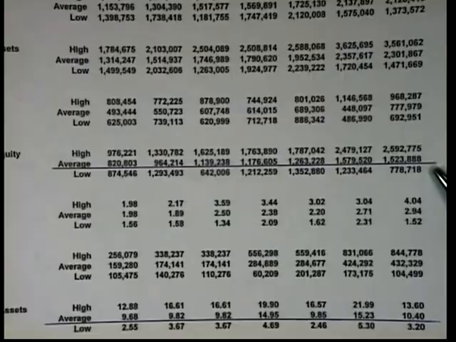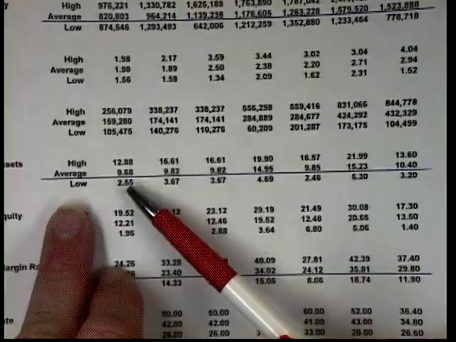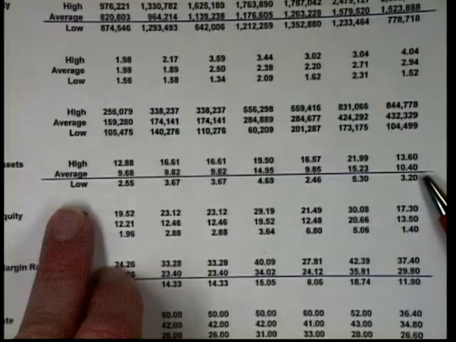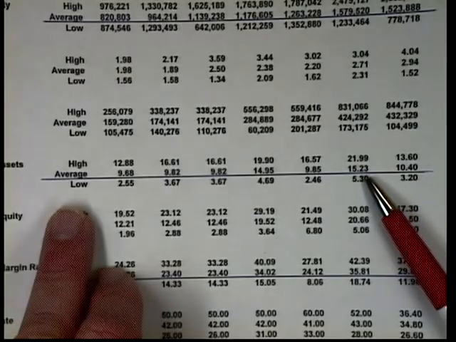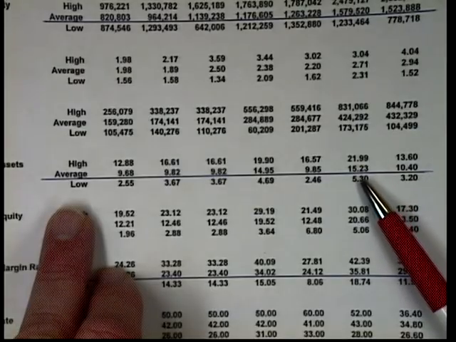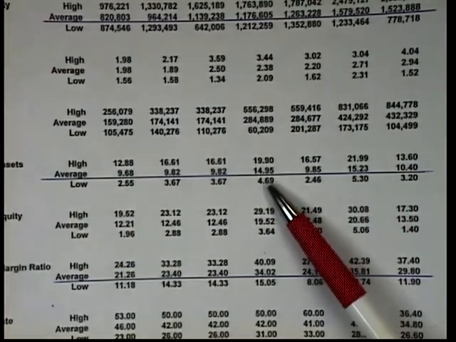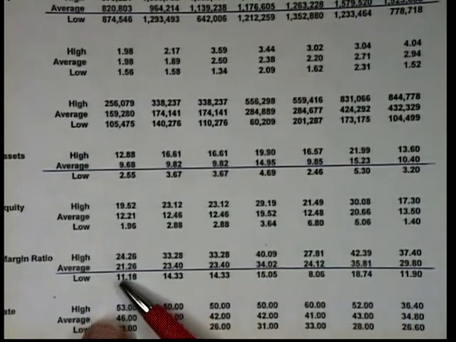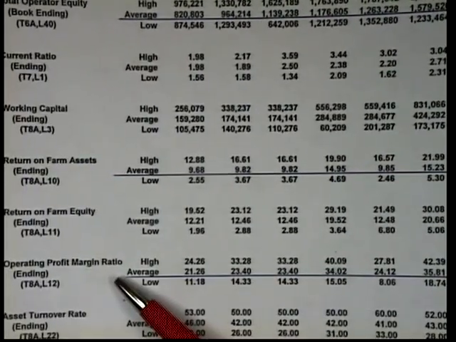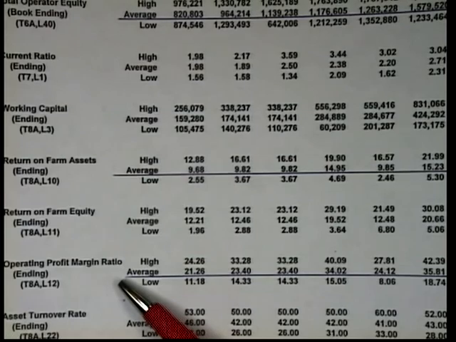All right. Rate of return on farm assets. You can see it's been very healthy the last 4 years. 10.4%. 2010 was an exceptionally good, profitable year on the farm at 15, 10, and 15 again. The operating profit margin ratio is a key one for those of you that are wishing to expand your operation by bringing another family member into the operation.